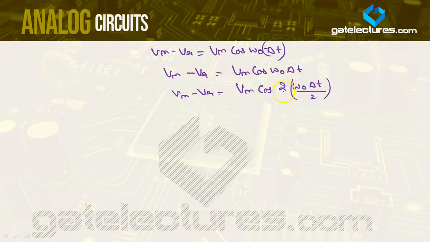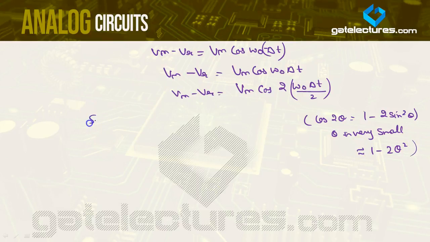Now apply the double angle formula. We know that cos 2 theta is 1 minus 2 sine square theta. Since theta is very small, we can approximate this to 1 minus 2 theta square.